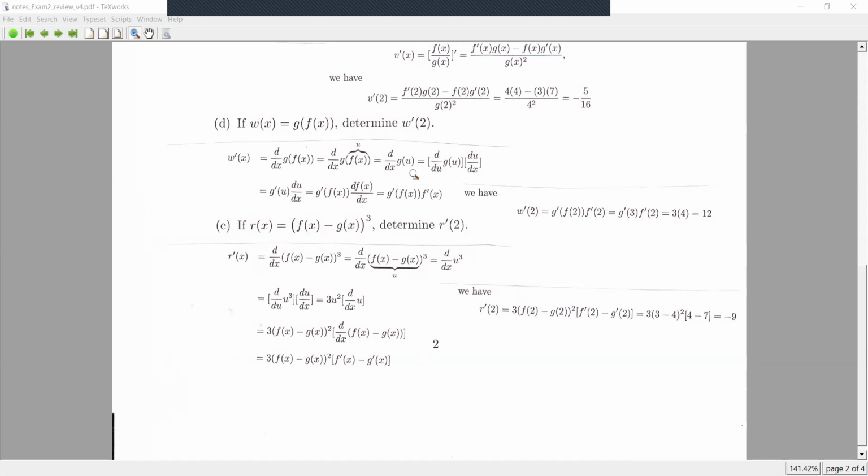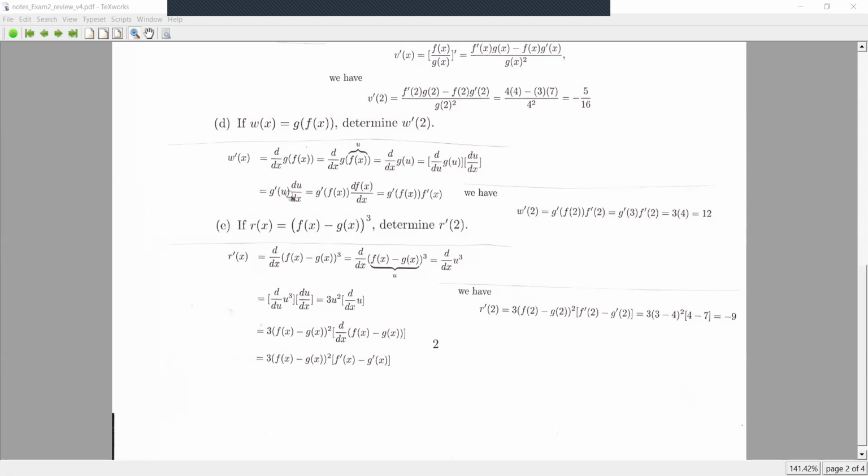By the chain rule, I write this derivative as the product of these two derivatives. If I cancel du, then this product will go back to this derivative. Derivative of g of u with respect to u in the prime notation is g prime of u.